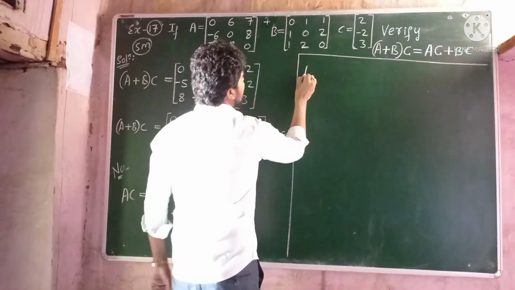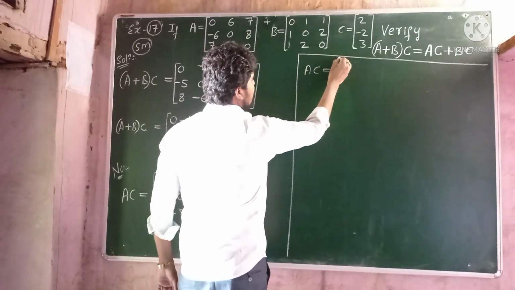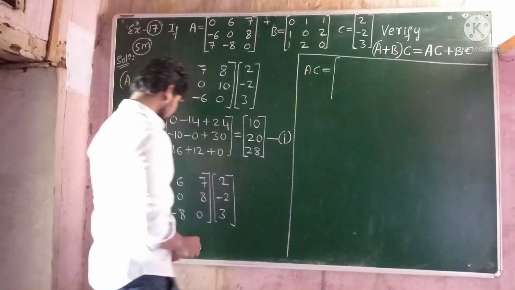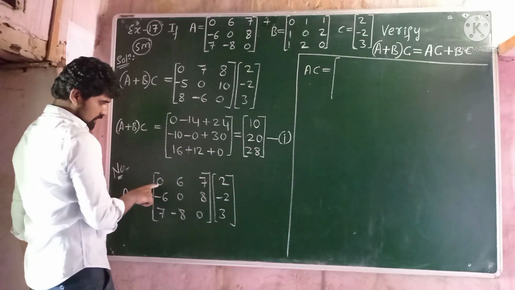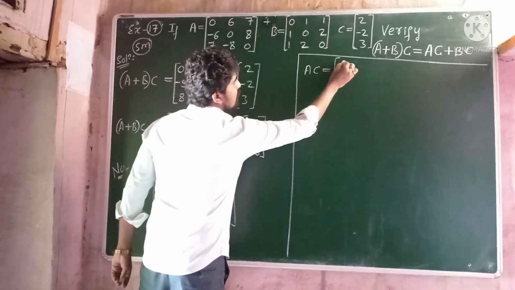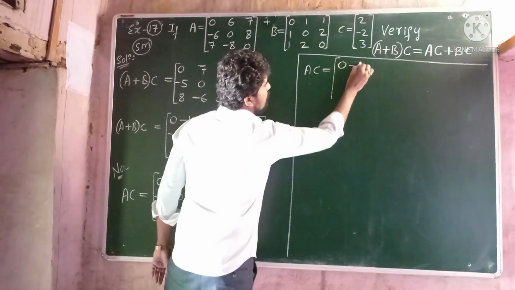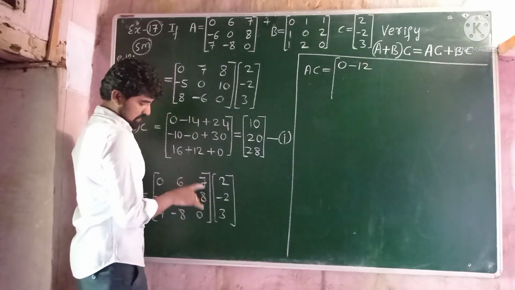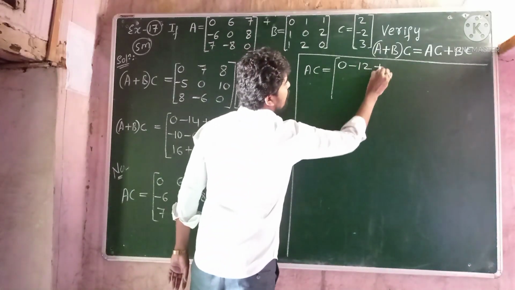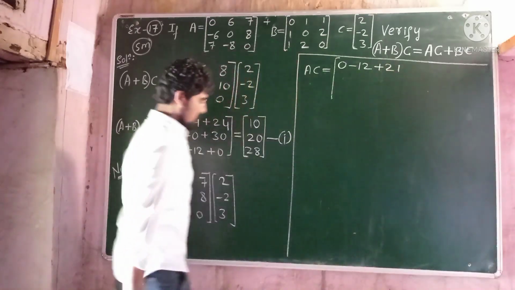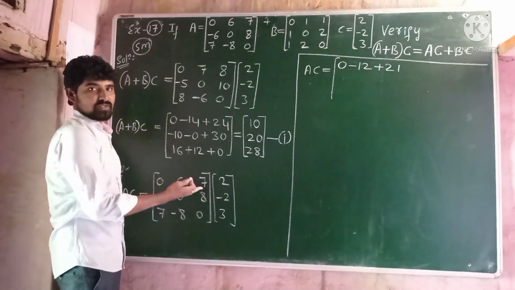Therefore the AC matrix is equal to: first row with this column, 0 into 2, 0. 6 into minus 2, minus 12. 7 into 3, 21. So the columns are completed with the first row.